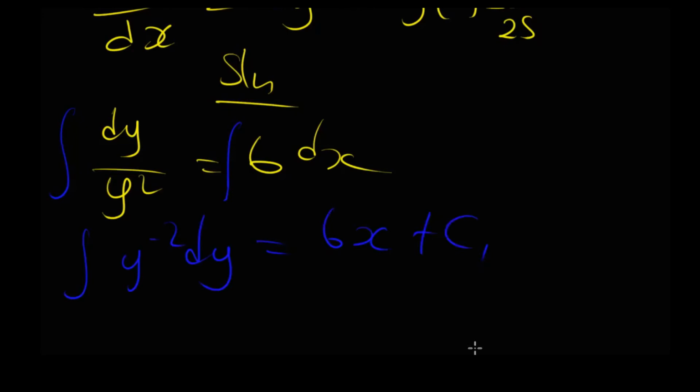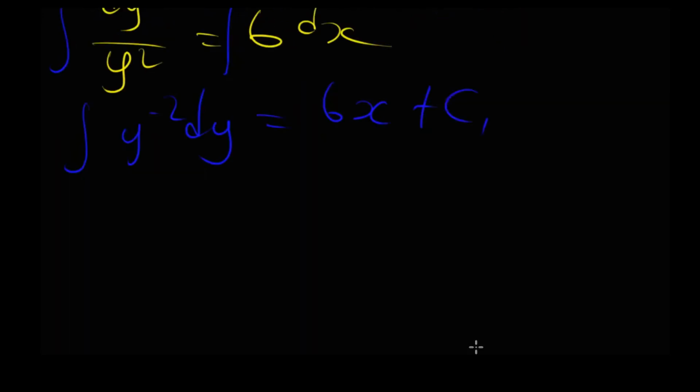We are remaining with the left-hand side. If you add 1 to the power, it will be negative 1, which is negative 1 over y, because you are dividing by minus 1.